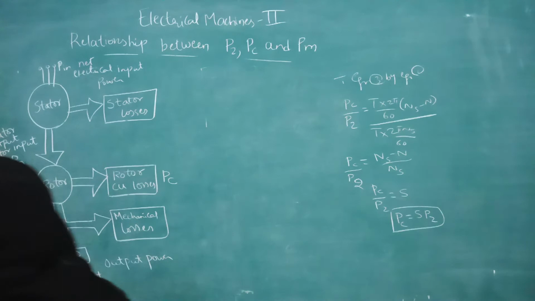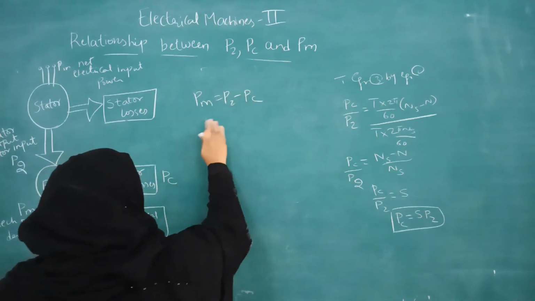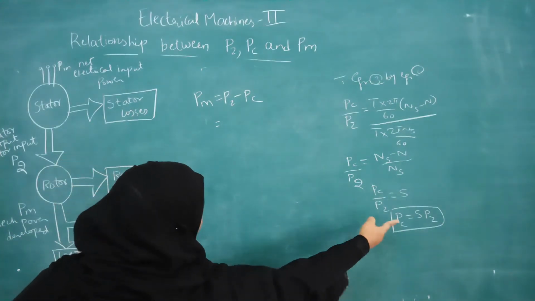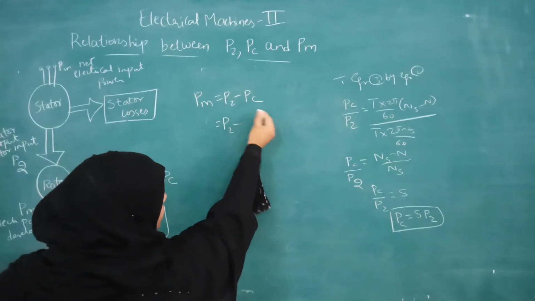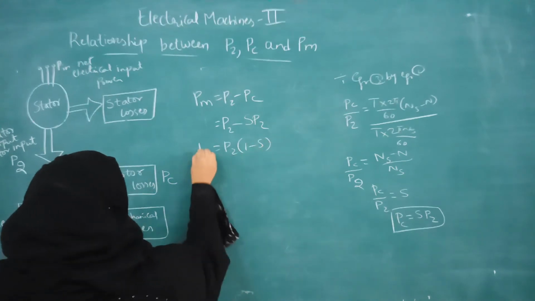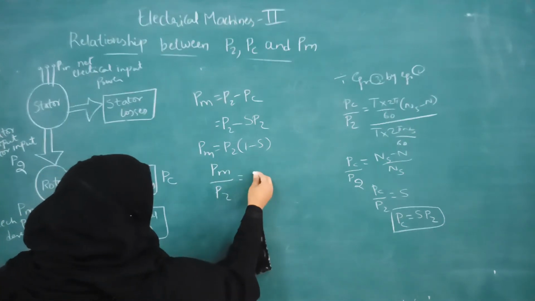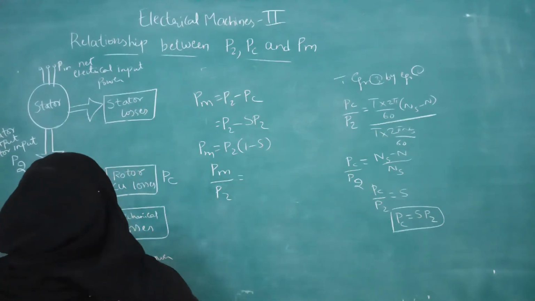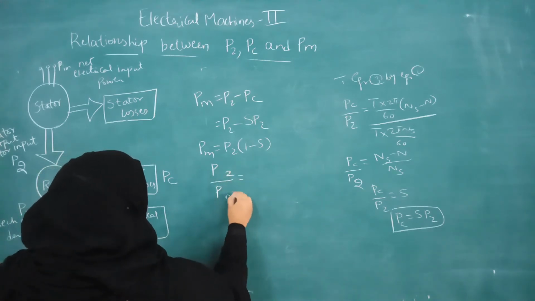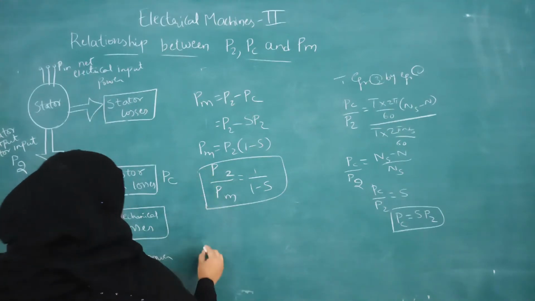Now this is one equation we got. Also from the equation PM is equal to P2 minus PC, I can substitute the value of PC as S P2. So P2 minus S P2, taking P2 as common, I am getting 1 minus S. So PM by P2 is equal to 1 minus S, or P2 by PM is equal to 1 by 1 minus S. So with this what can we write?